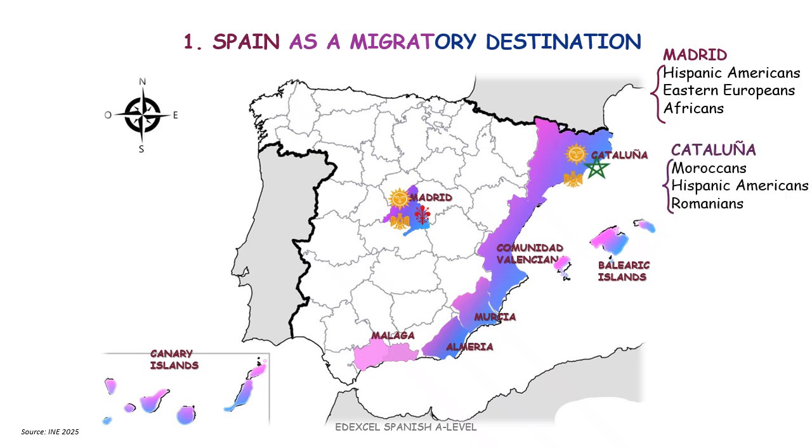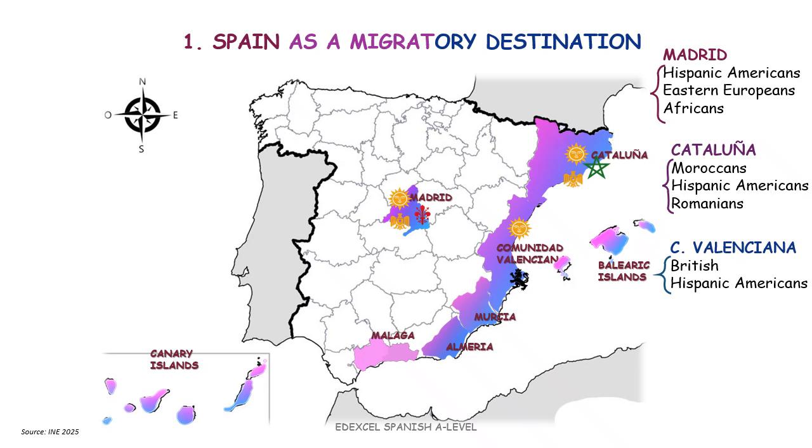Catalonia has the second largest immigrant population in Spain. Here the main groups are Moroccans, Latin Americans, and Romanians. Again, big cities and industry mean more work opportunities. La Comunidad Valenciana is strongly diverse. You will find a lot of British immigrants and Latin Americans here.